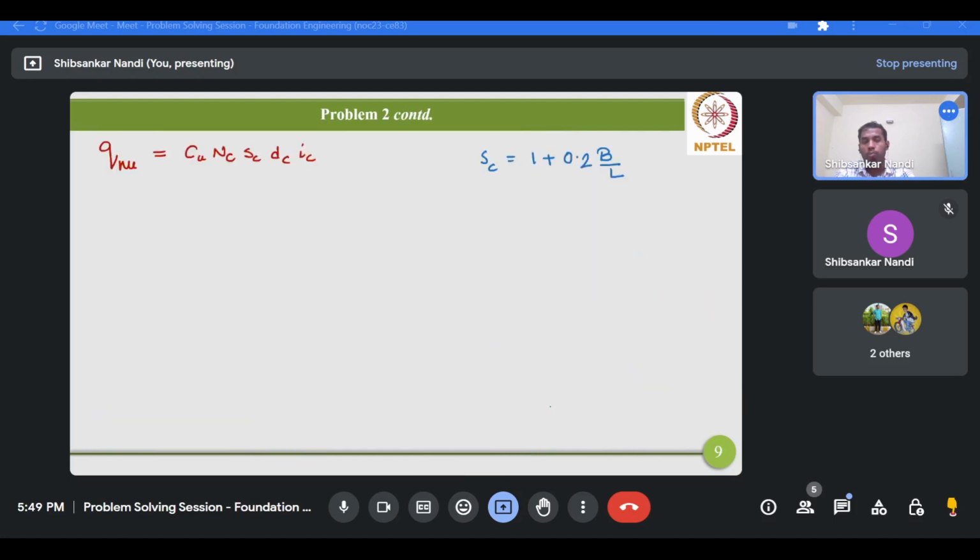Therefore, you have to consider the equation of shape factor corresponding to a rectangular footing, not a square footing. So this is B prime by L. Obviously this will be 1 plus 0.2 times 0.88 divided by 2. So what would be the value? I think it will be 1.088.